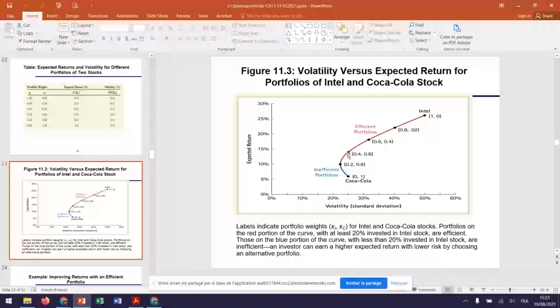I can maximize my return if I allocate 40% in Intel and 60% in Coca-Cola without bearing additional risk. This makes 40% and 60% an efficient portfolio.